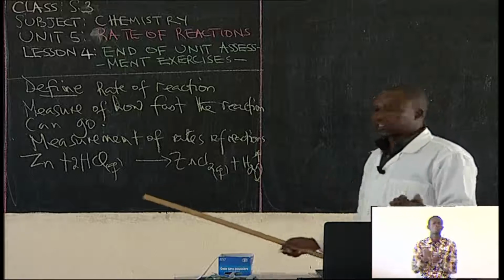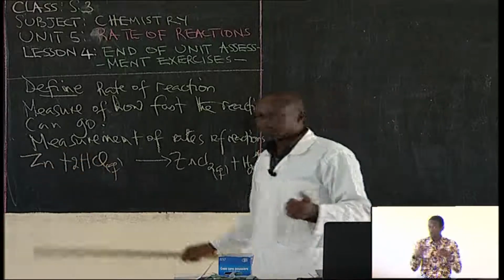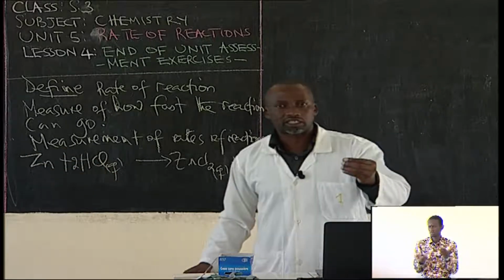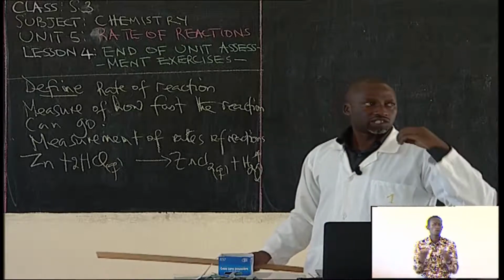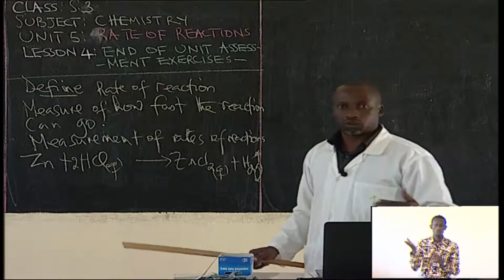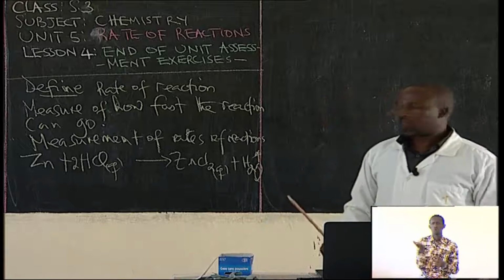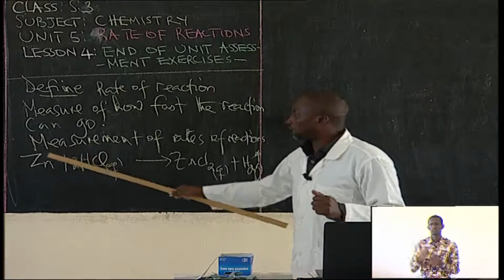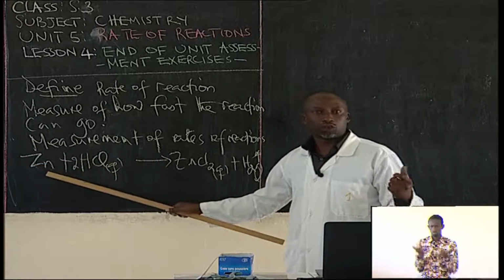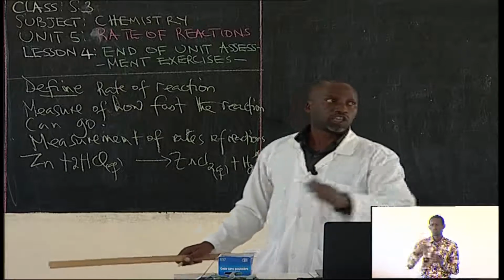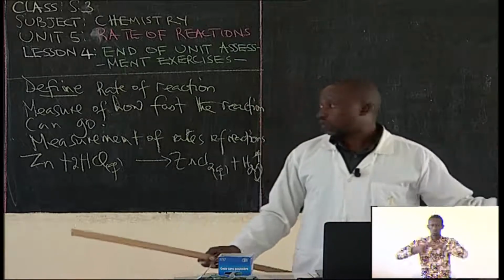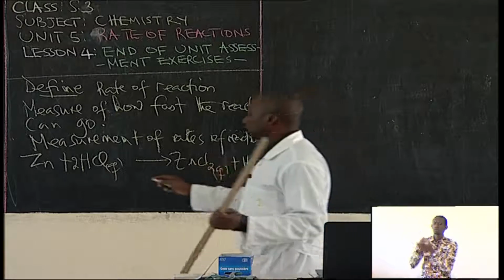Or we said we can measure the mass of zinc that will be reduced as time goes on. So how much of the reactant, how much of the zinc metal is used up as the reaction goes along.